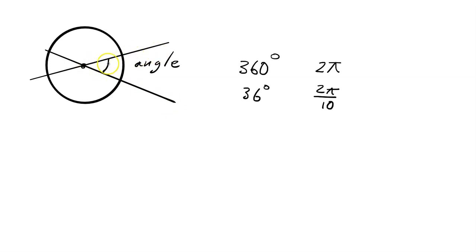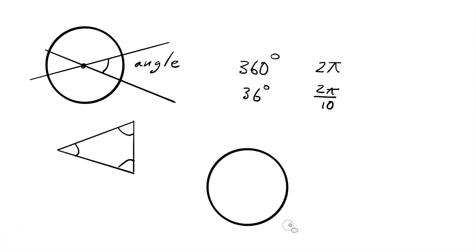So this way you measure angles between two arms. These are called arms. And for example, if you have a triangle, you have angles between the sides, the edges of the triangle. If you have a fourth of a complete circle, like this, then a complete turn is 360 degrees.